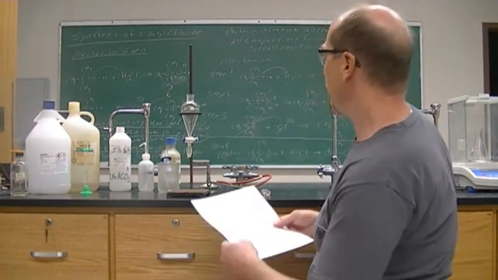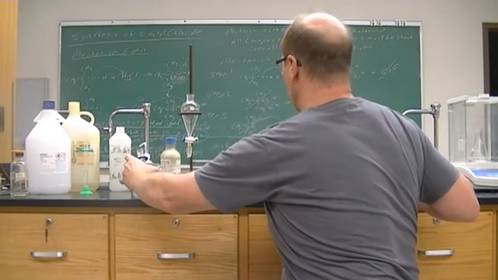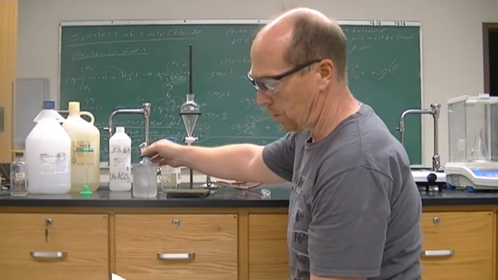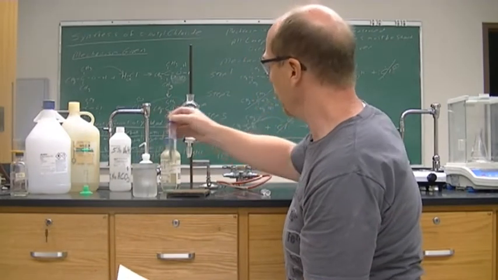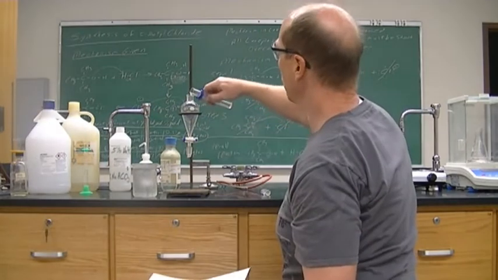All right, I have my ice-cooled 17.5 mils of concentrated hydrochloric acid. All right, so we're going to put that in our separatory funnel.